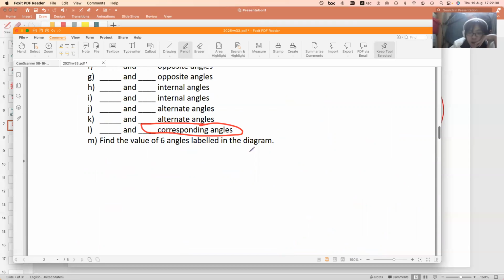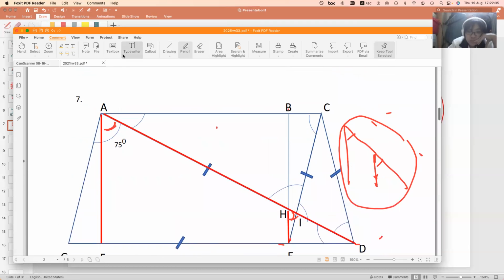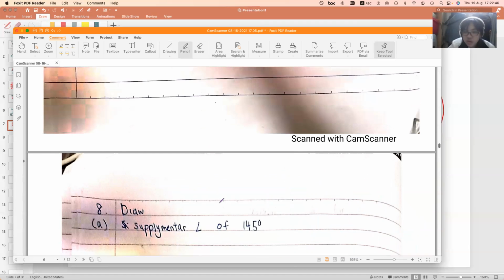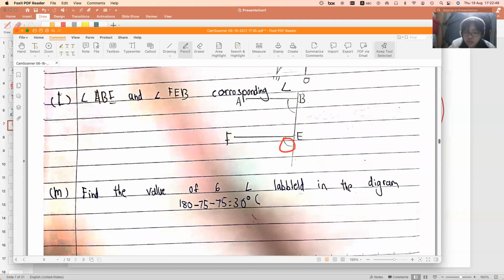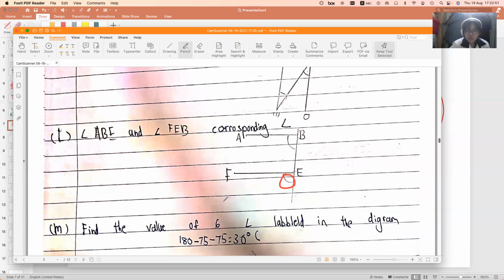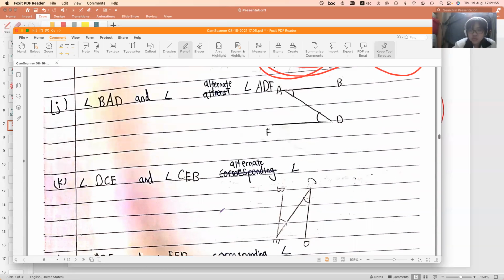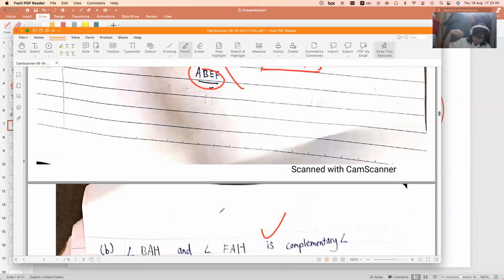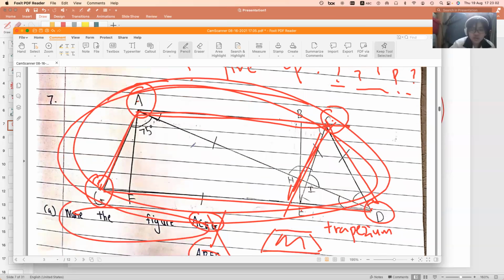So done. So find the value of 6 angle label. So that means you need to find all the angle here that I label. Did you find this question? 你没有做嘞？有做嘛？ Find the 6 angle 嘞。That means you need to find all the value 嘞。Sorry, but I don't know how to like.